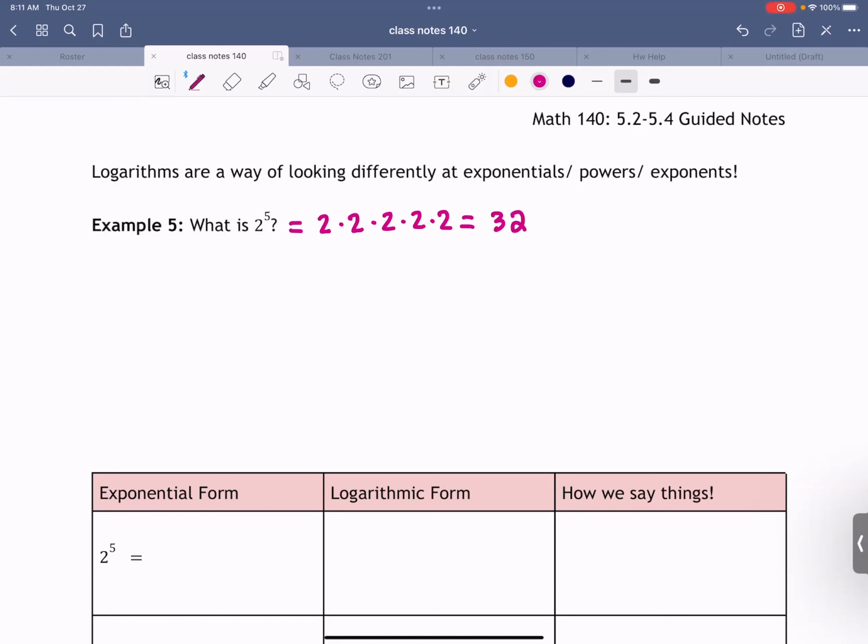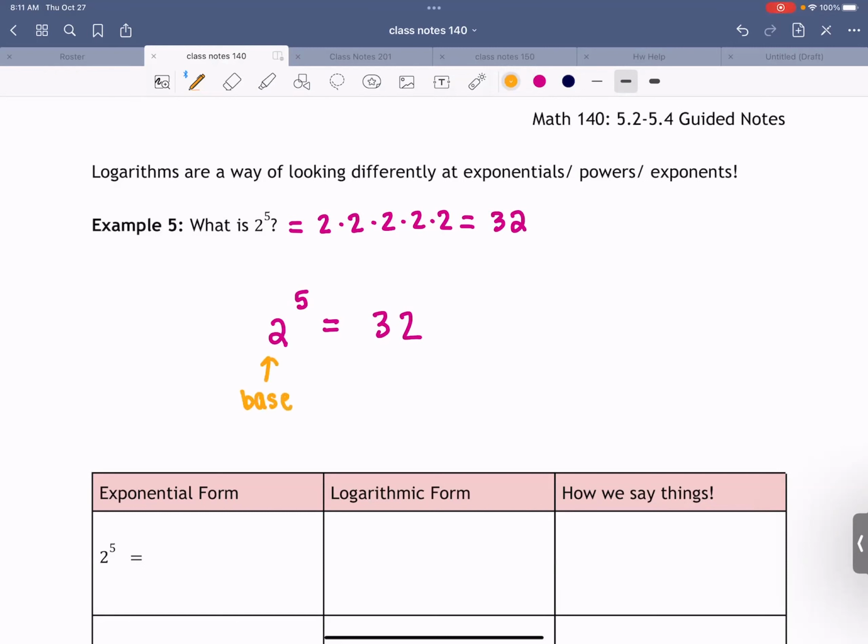Okay. Now, when we deal with exponentials, we're usually used to writing it like this. We say 2 to the 5th power equals 32. Okay. And I like to label what each of these letters or numbers are just so we can switch them around a little bit later. Okay. So bear with me here. 2 is what we call the base, right?